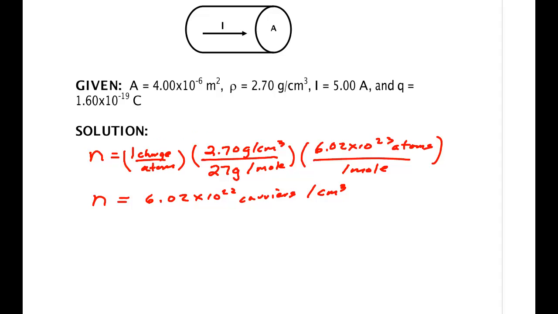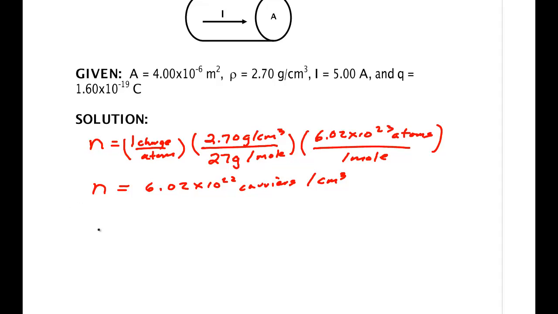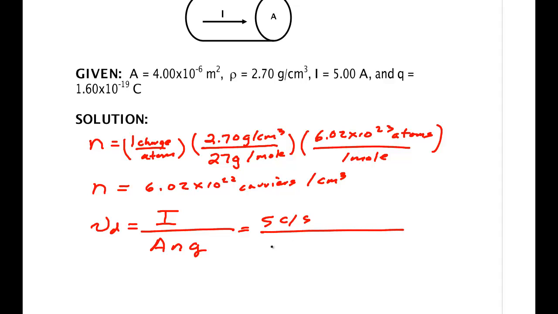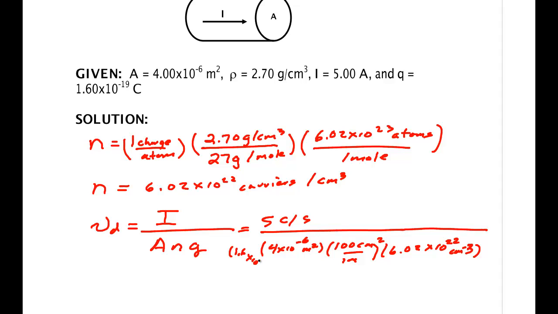Now, to find V, this is just equal to I divided by A N Q. So I have 5 coulombs per second over 4 times 10 to the minus 6 meters squared times 100 centimeters per 1 meter squared times 6.02 times 10 to the 22nd centimeters to the minus 3 and also 1.6 times 10 to the minus 19 coulombs.